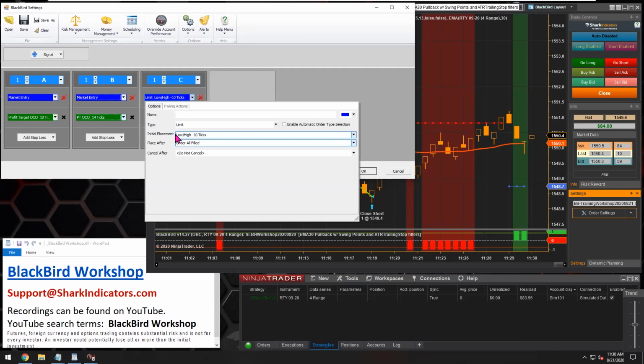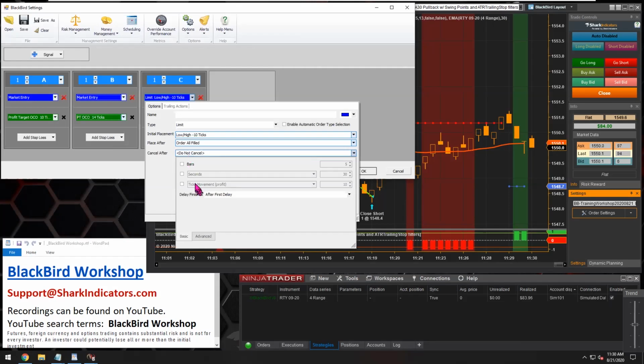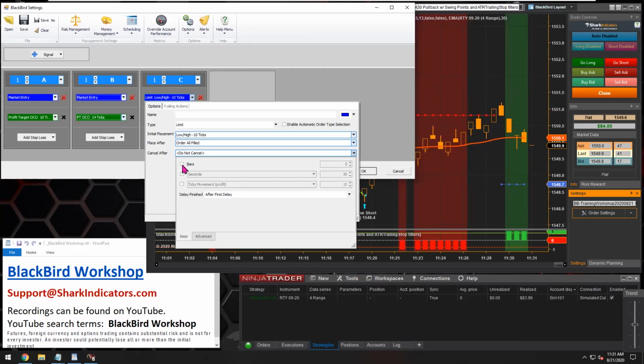But BlackBird can't read your mind, so you have to tell BlackBird when to cancel this entry order, basically when to give up. So you do need to figure out some kind of mechanism, some conditions, and tell BlackBird, okay, based on these conditions, cancel all of these scale-in trades, right?